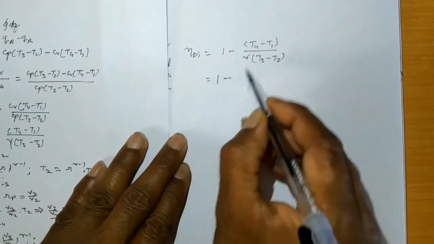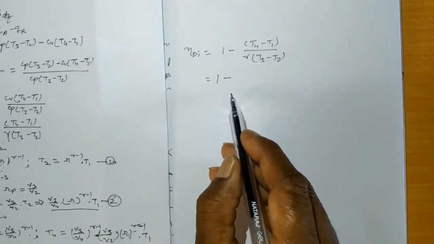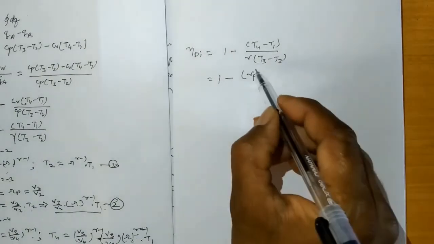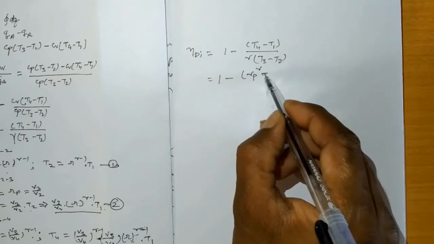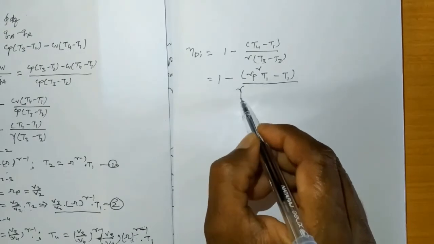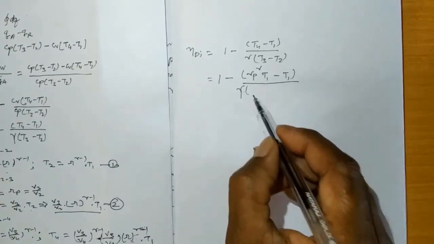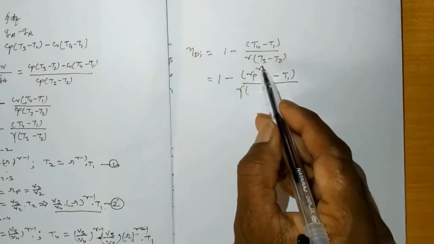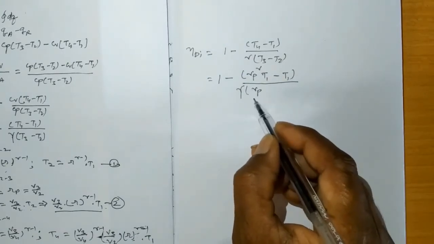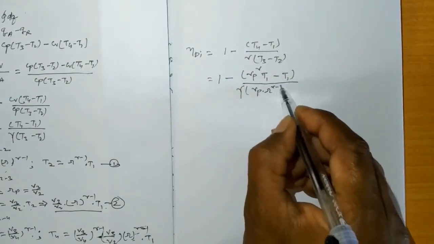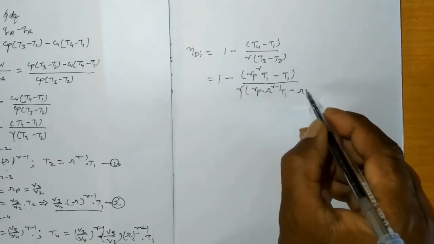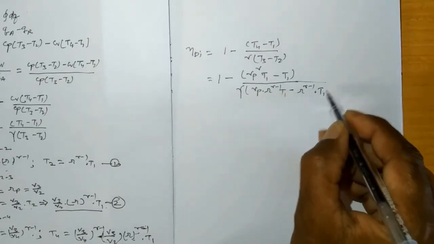That equals 1 minus the value of T4 as we have calculated: Rp power gamma into T1 minus T1, over gamma, the ratio of specific heats, into the value of T3. The value of T3 is Rp, the pressure ratio, into R power gamma minus 1 into T1, minus the value of T2, that is R power gamma minus 1 into T1.